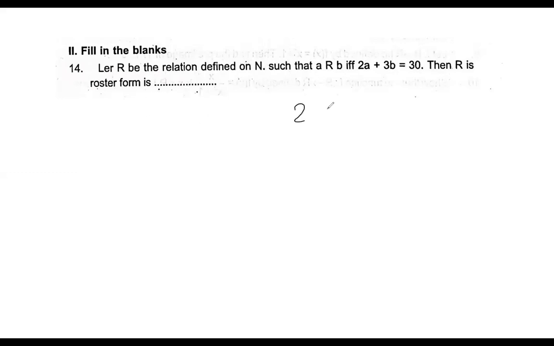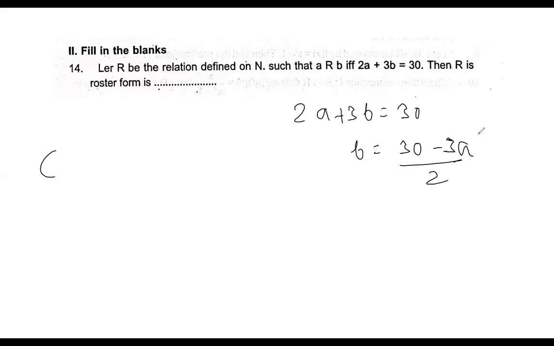Now, if 2a plus 3b is equal to 30, let's isolate either a or b. If I isolate b, that's better. b is equal to 30 minus 3a over 2. Now, as you can see, we have to frame an ordered pair where both a and b must be natural numbers.